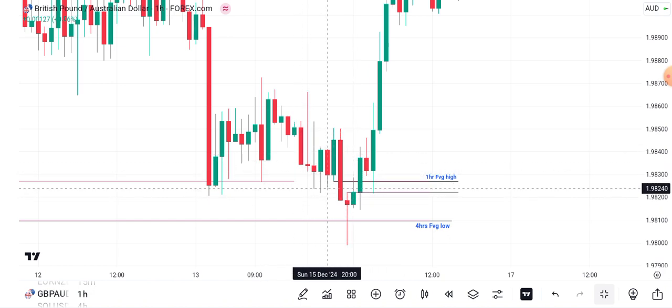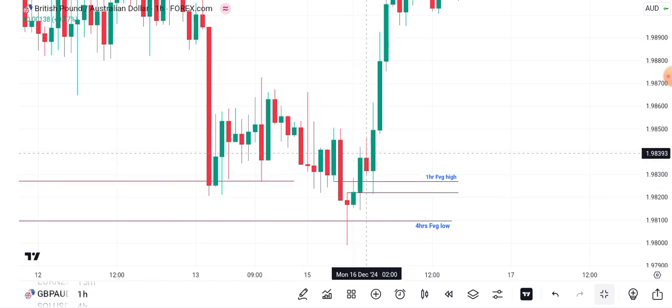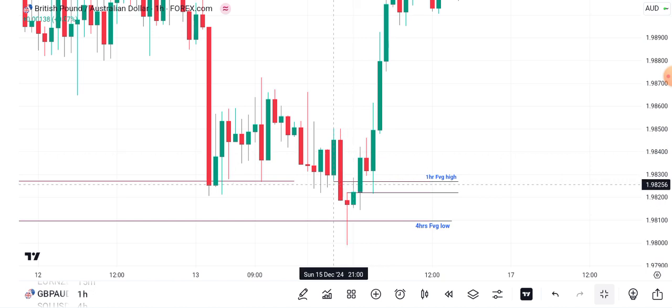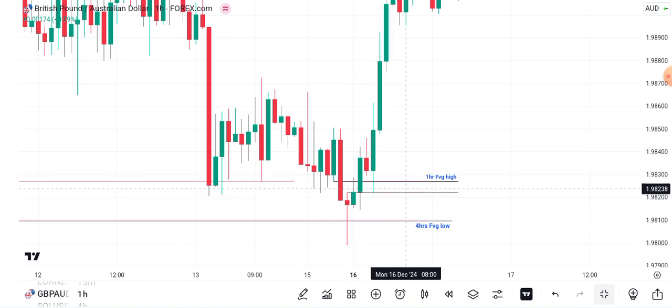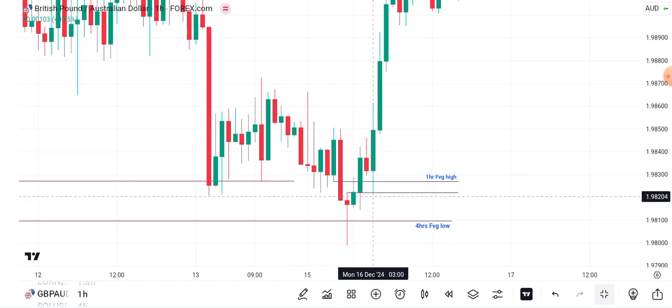Once I see that, even if I have not seen a break of market structure on the 1 hour time frame, that's part of what gives me confirmation, aside from a break of market structure on the 1 hour. So having seen this fair value gap invalidated, what I needed to do was to draw it out, because I knew that price was going to come back in it.